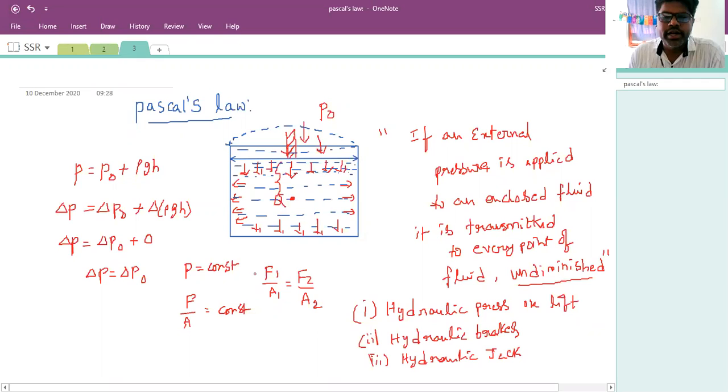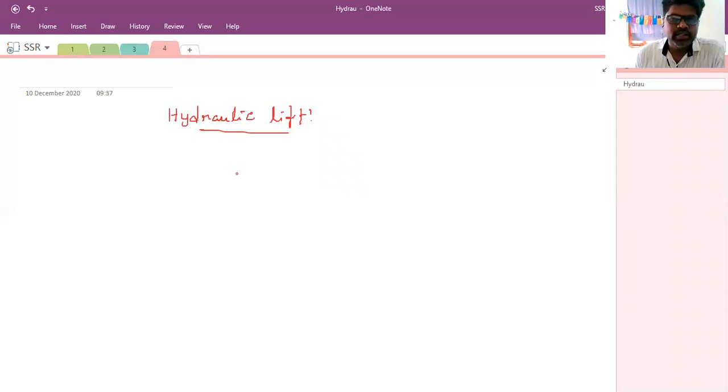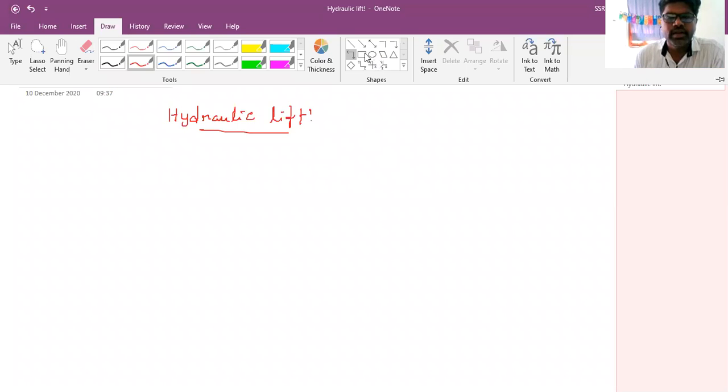So the hydraulic lift I will explain now. Suppose you take this diagram, a small hydraulic lift diagram.